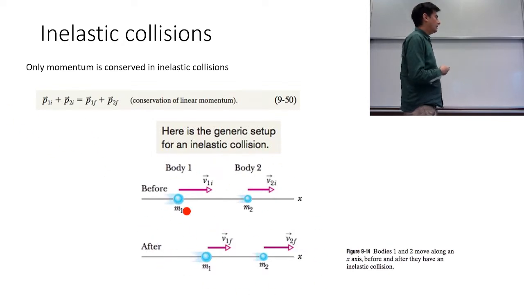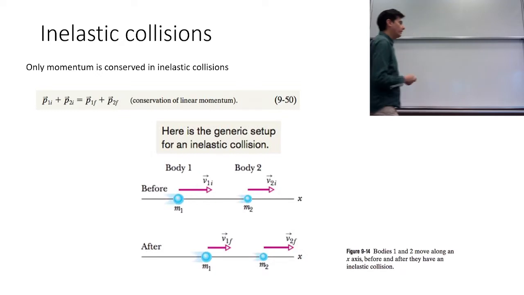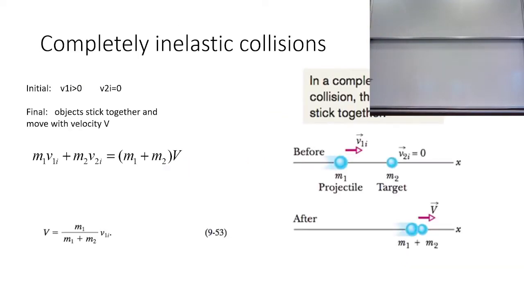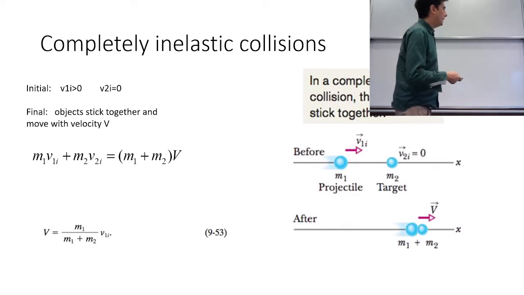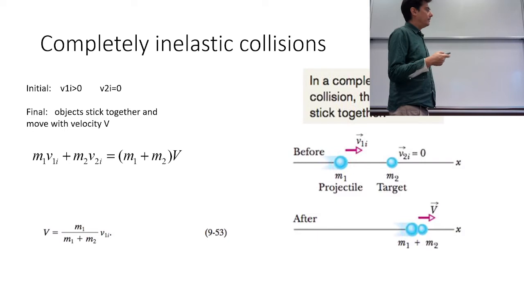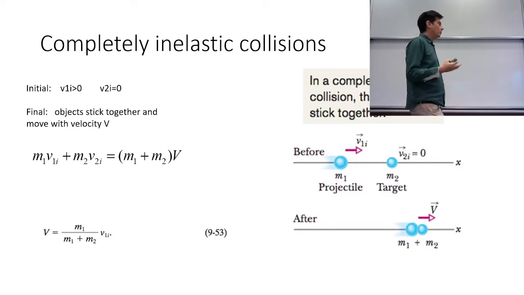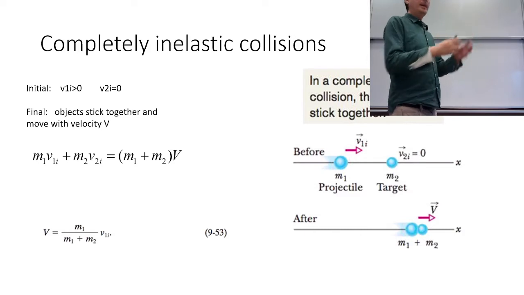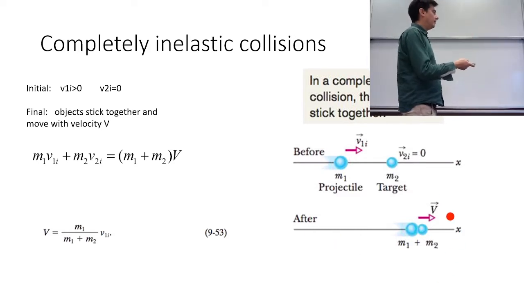For example, if you've got 3 known velocities, then you could work out the 4th one from conservation of momentum. Completely inelastic collisions are a special case where the final velocity of the 2 objects is the same because they stick together at some point.